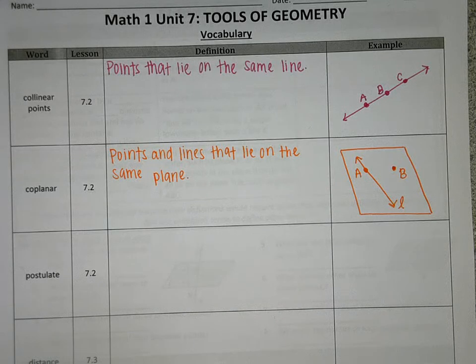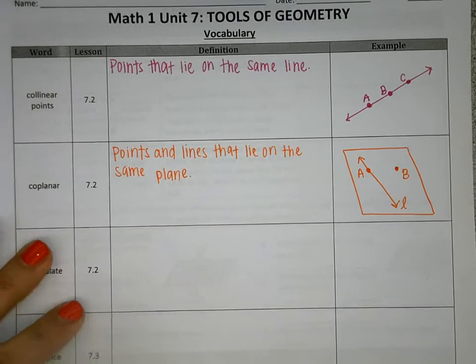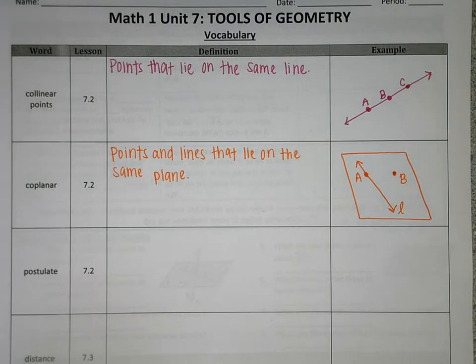The last definition that we have is a postulate. So in math, when you are creating new rules for math, order of operations, addition and subtraction, all of our commutative, associative, distributive properties, you have to prove it mathematically.